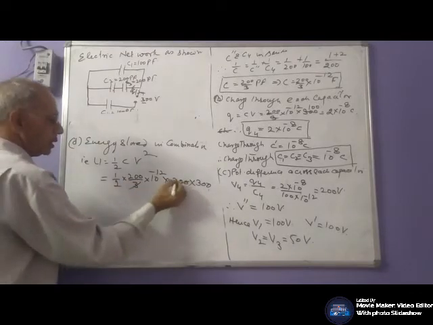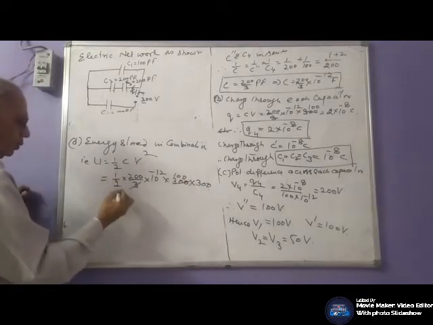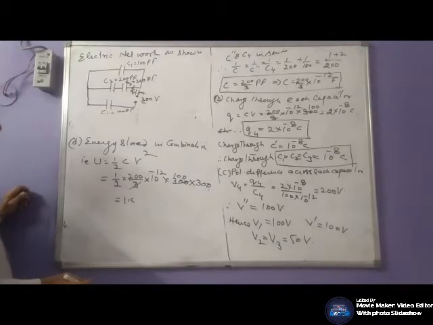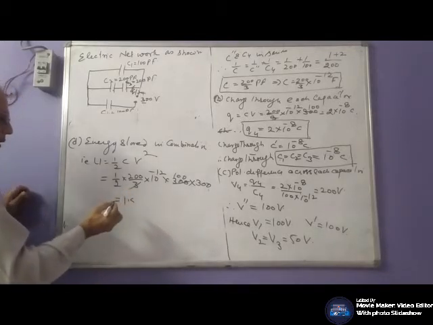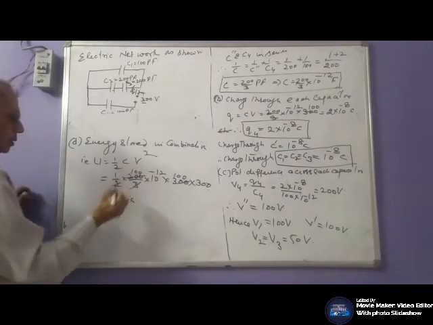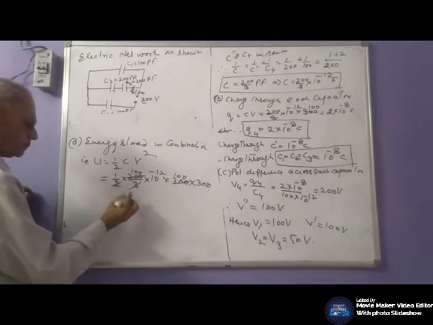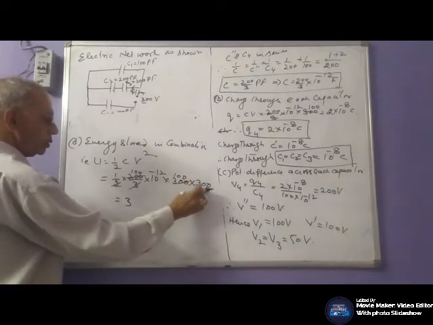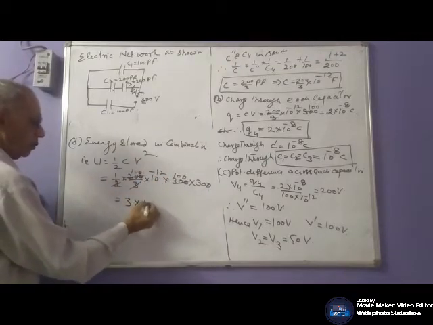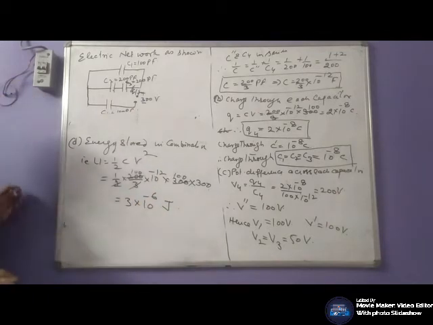So it is 100, 3 by 2 means 1.32. So it is 3, 1, 2, 3, 4, 5, 6, minus 12, so minus 6 joules.